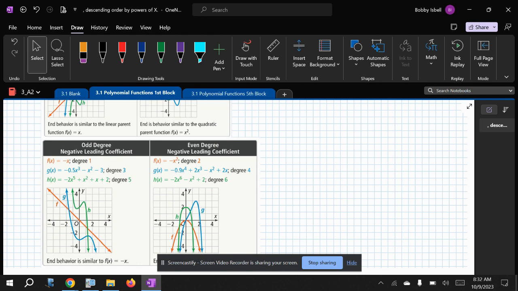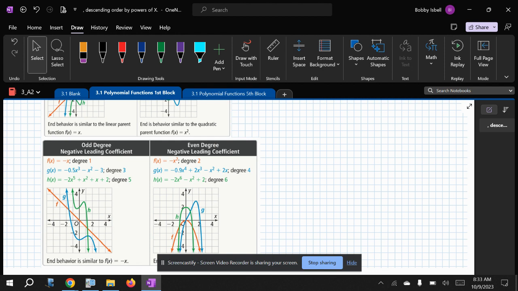So odd degree, think about a line. That's the most basic polynomial with an odd degree, y equals x. The end behavior is the same for any odd degree polynomial as if it was a line. So positive slope, negative slope. If you know that, you can know end behavior.